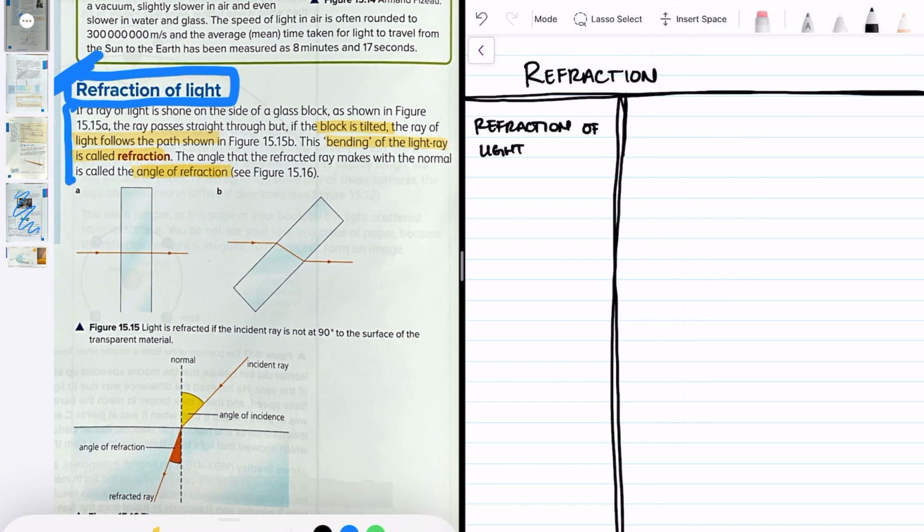Now I'm going to go back to my notes and start with maybe the first point. Okay, the ray passing straight through, I know that, I don't need to write that down. But what's interesting there is, okay, if the block is tilted, then the light follows the path shown.